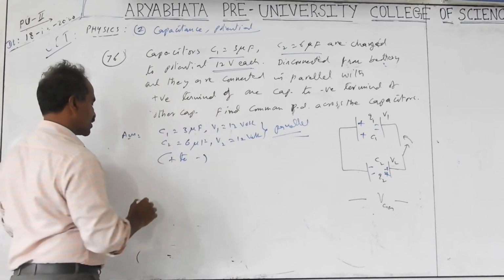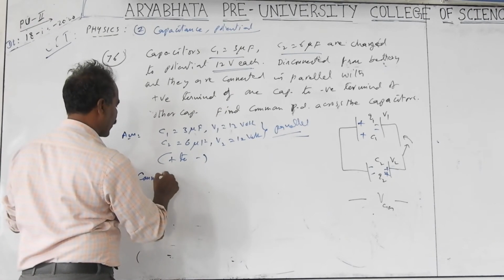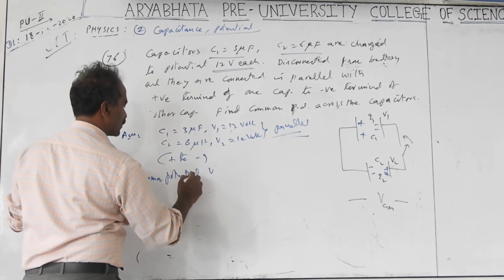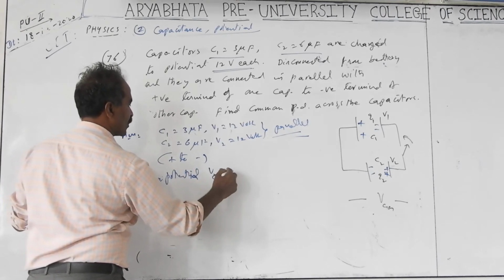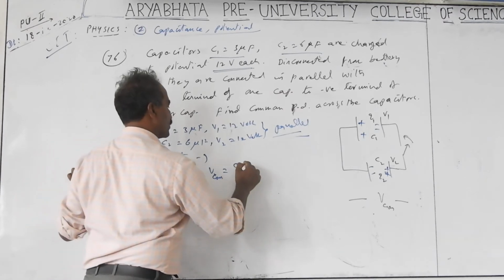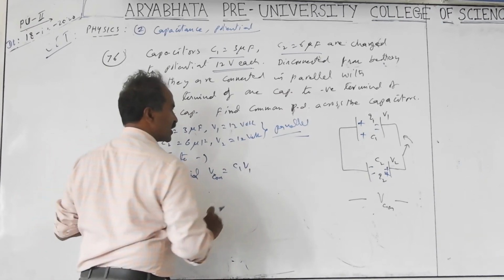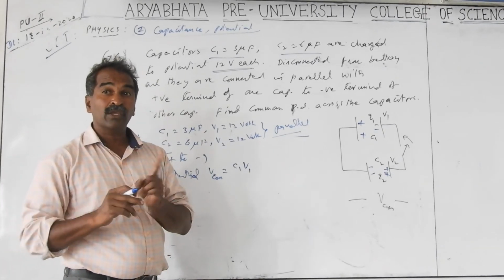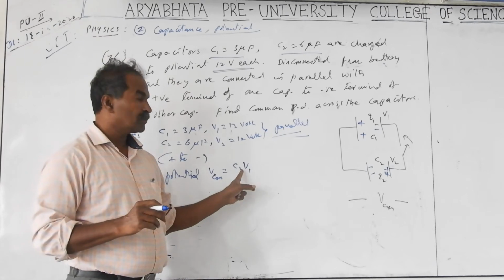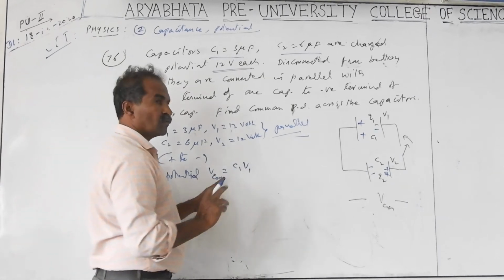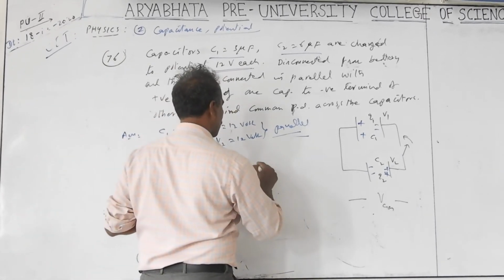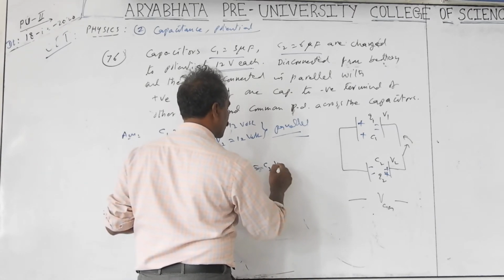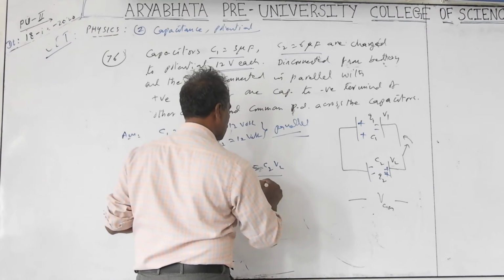Then the common potential, V common, is equal to total charge by total capacitance. But when you take plus to minus, you take Q1 minus Q2, otherwise the numerator becomes a plus. So Q1 is C1 V1, and this part has to become minus: minus C2 V2, by C1 plus C2.